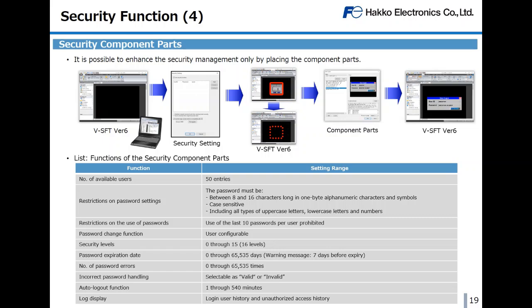There is a restriction on the use of passwords. The last 10 passwords per user cannot be used. The max setting range of password expiration date, password errors, and auto logout function are quite large, so you can set freely. It is also possible to keep and display the login user history and unauthorized access history.